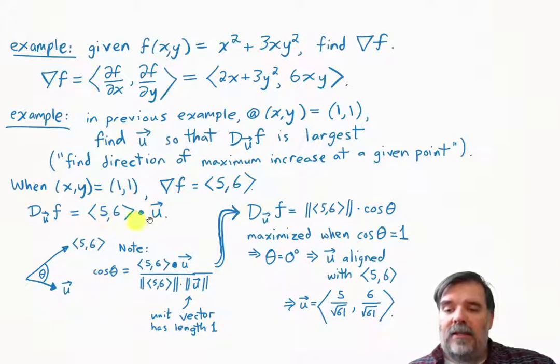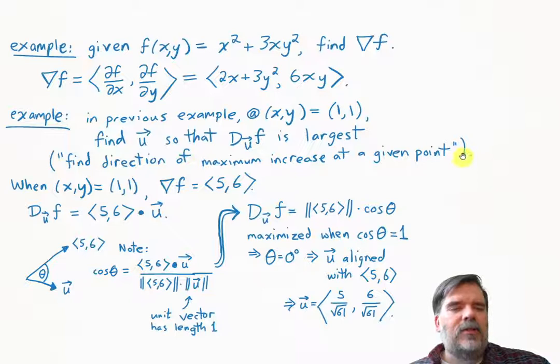So we can replace this dot product with the length of (5, 6) times cosine theta. Now remember, we want to make this as large as possible. Finding the direction of maximum increase is our goal.